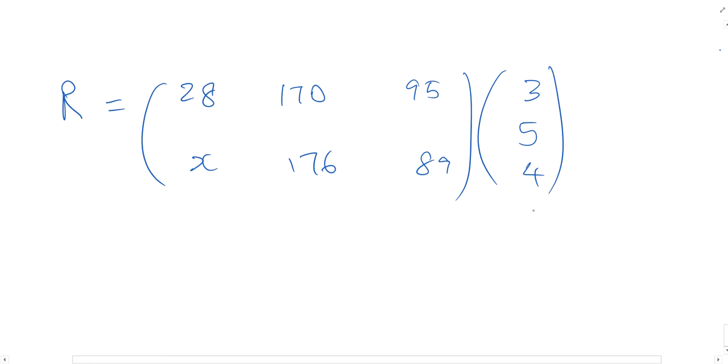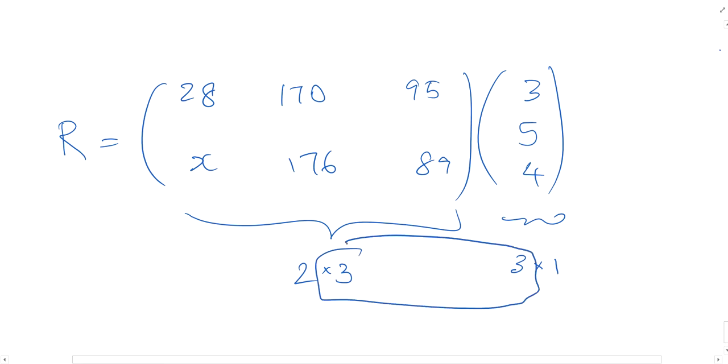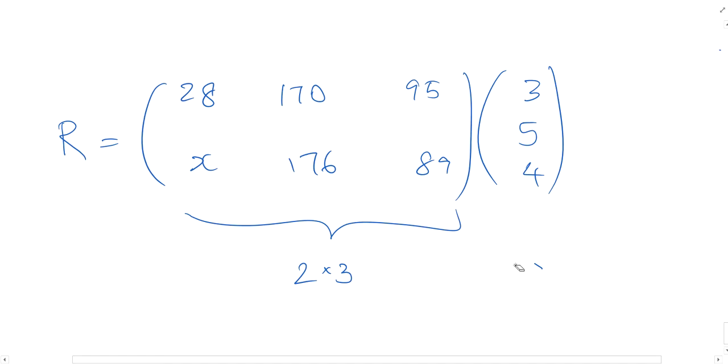In the first place, can this matrix multiplication be done? So here we have 2 by 3. This one is 3 by 1. Rows, then columns. So these two are the same, right? Our result will be 2 by 1. So 2 rows, 1 column only. Simple, small matrix. Okay, can be done.